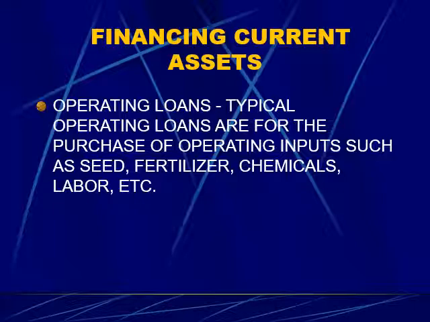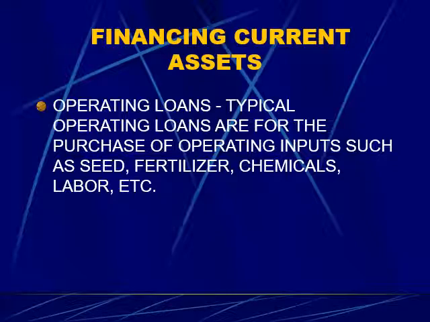In other words, the borrower goes into the bank or the lender at the beginning of the year and sets up a line of credit, which gives a maximum amount that can be borrowed. And then as they need the funds, they will take draws on that line of credit as they go through the year.